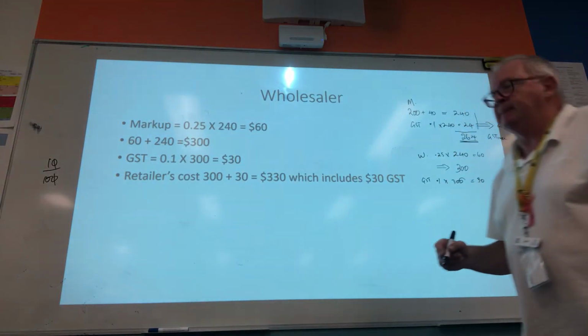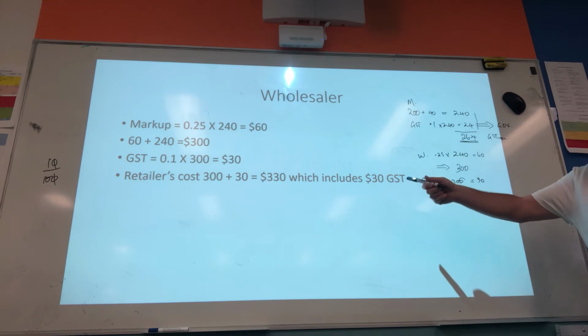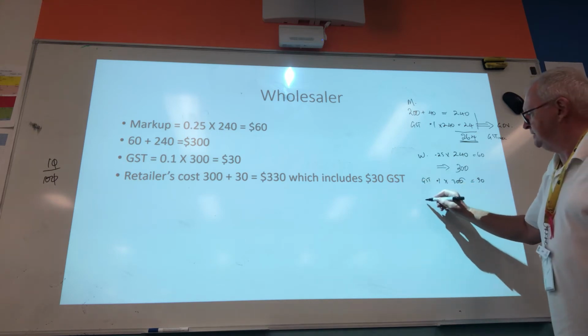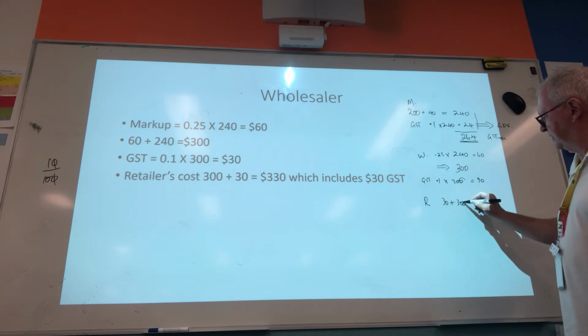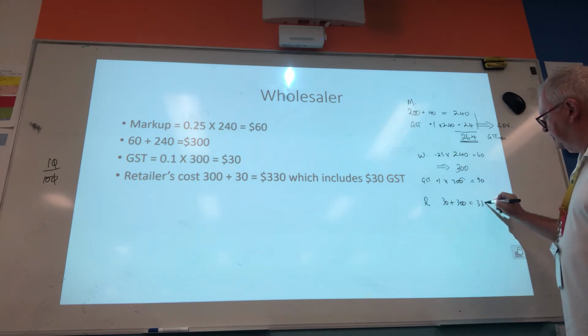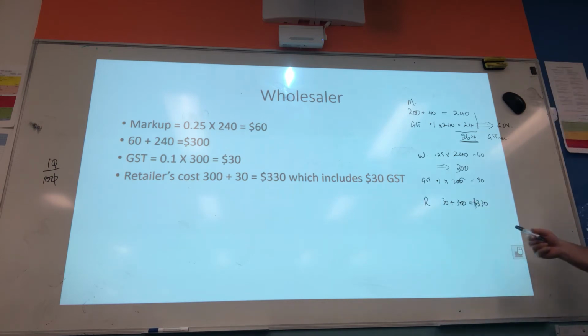Okay? So that's the $30. So when he sells it to the retailer, he charges the retailer the $30 plus the $300, which is $330. That's okay? Mm-hmm.